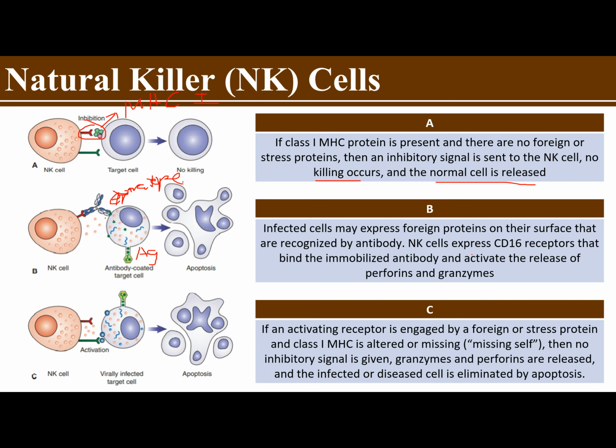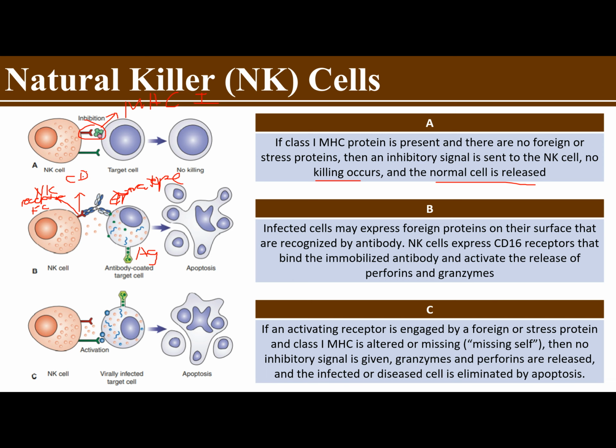When that happens, class, it would allow your NK cell using its receptor, itong red na to, to attach to the Fc region. If naalala nyo pa dun sa mga previous module, di ba? And once that happens, class, NK cells would express CD16 receptors that bind the immobilized antibody. So magre-express siya ng CD16. Ito yon, itong pulang to.